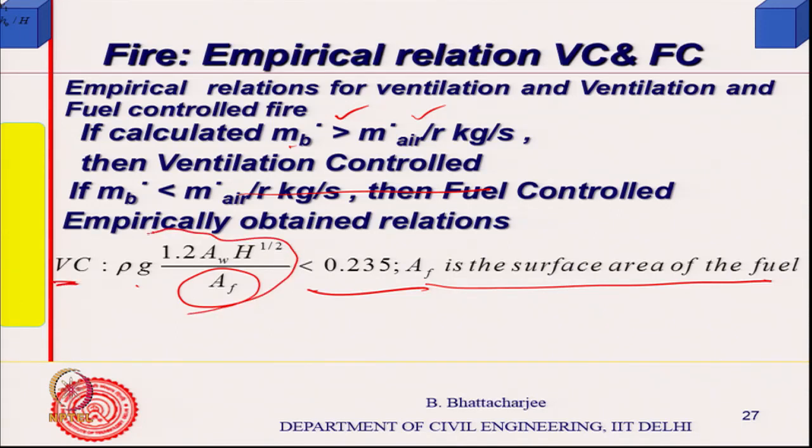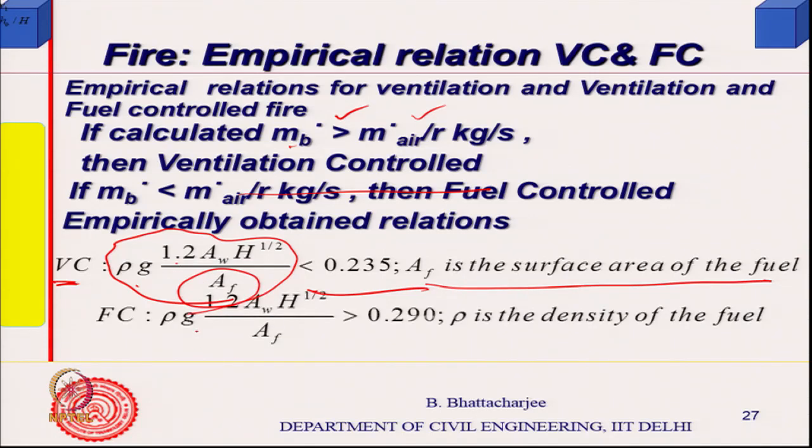So, this rho_g is multiplied, given by this formula. If rho_g 1.2 A_W h to the power half is greater than 0.290, rho is the density of the fuel, in both these cases, the density of the fuel itself. So, this is actually fuel control.